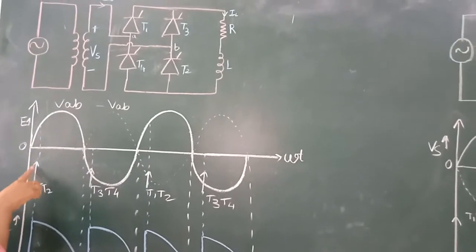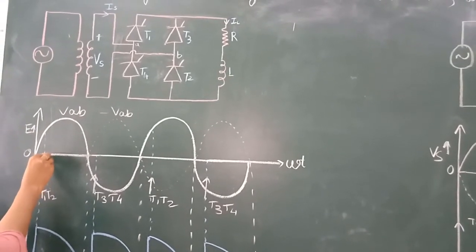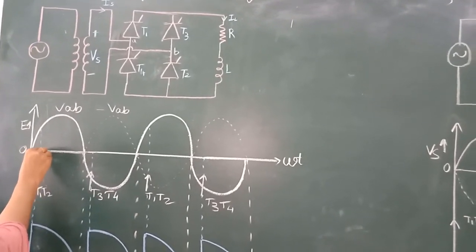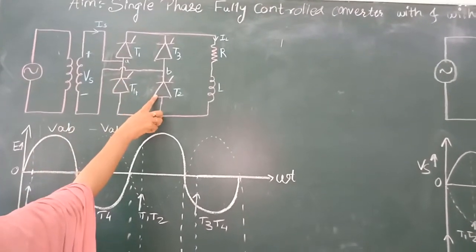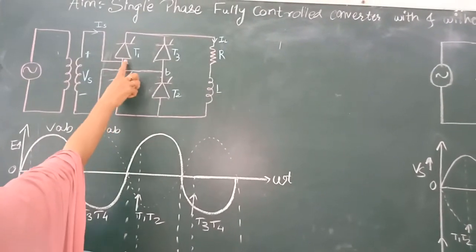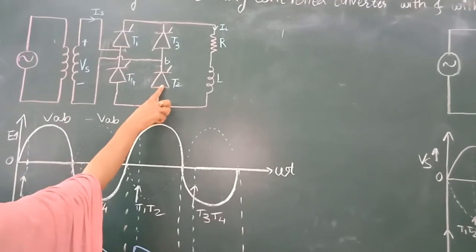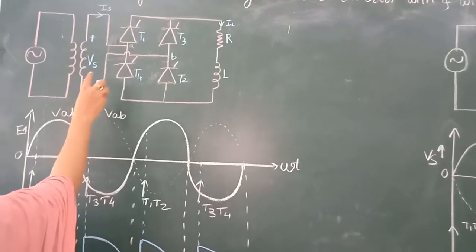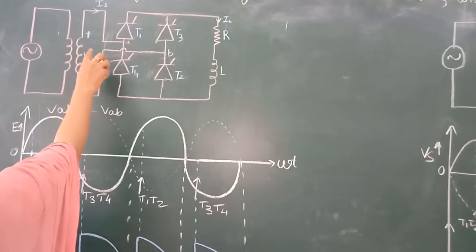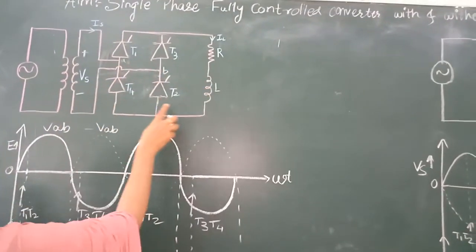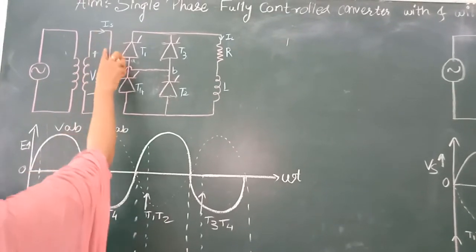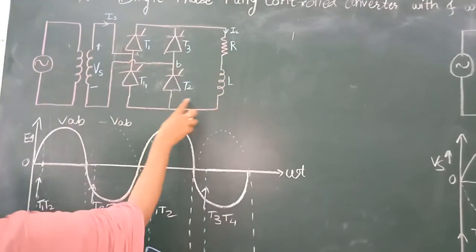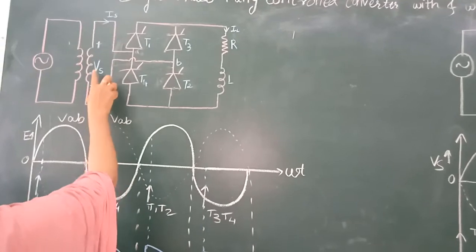When omega t is equal to alpha, T1 and T2 are forward biased and these thyristors T1 and T2 will start conducting. So the current flows from T1, load, T2 and then supply. The direction of current is Is, then T1, load, T2 and then back to supply.